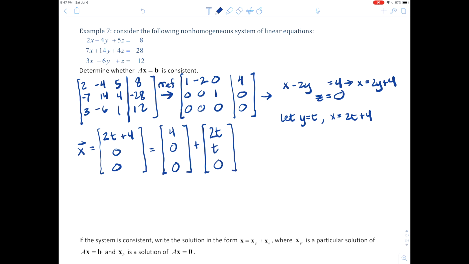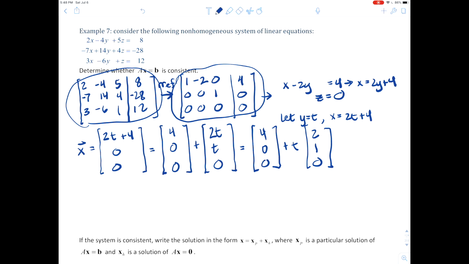Cool so far? And then if I factor out that t, I'll have the 4, 0, 0 staying the same plus t times 2, 1, 0. I was able to write the x vector in terms of what? The linear combination of the column vectors of A. And so A times X equal to B in this case is consistent.